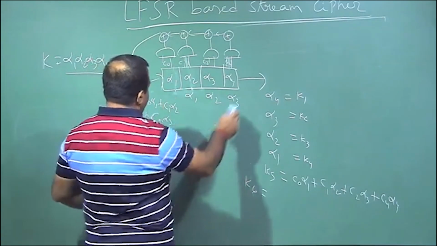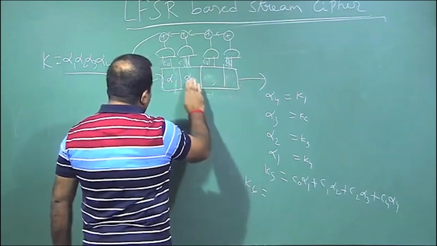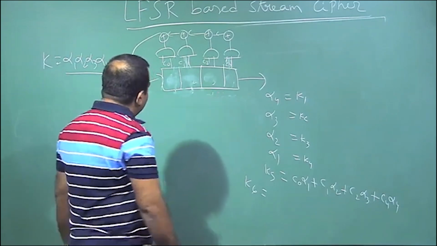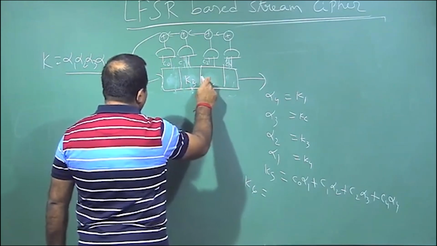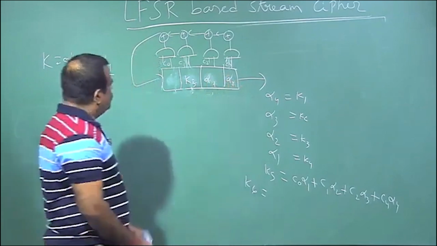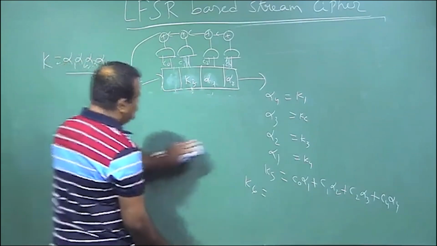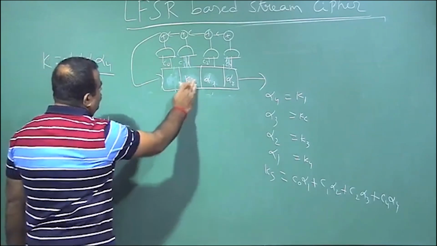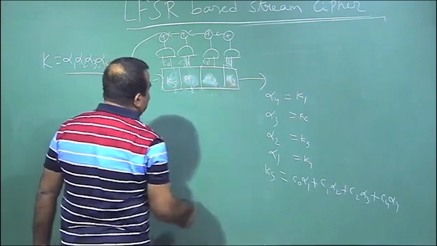For K6, what is the status? K5 will come here, and this is alpha 1, alpha 2, alpha 3, and only K4 is gone.